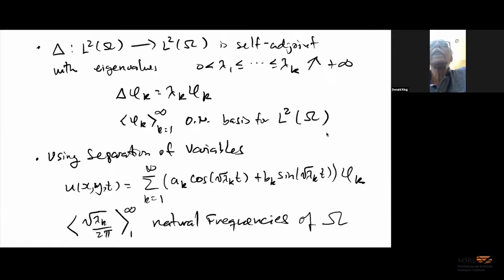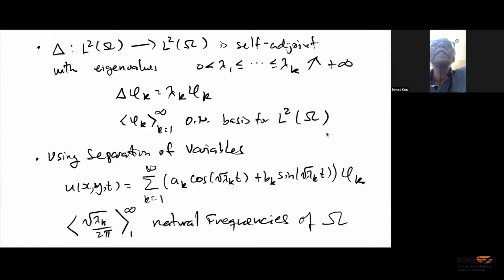And we also are able to derive in this setting the eigenfunctions, the phi sub k. And it happens that they have certain properties, one of which being that the eigenfunctions form an orthonormal basis of the L2 space of omega.